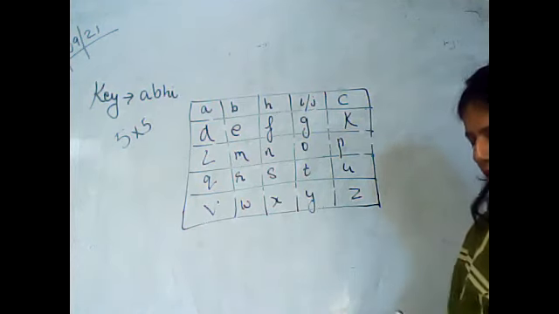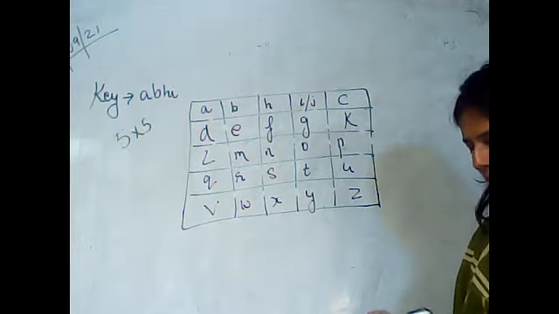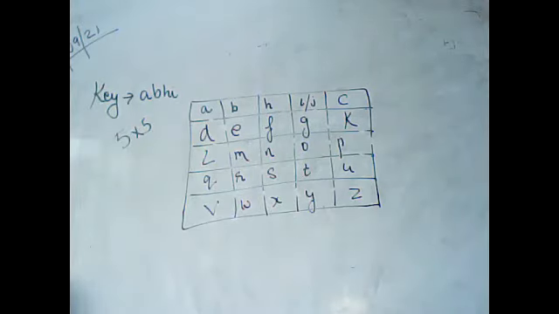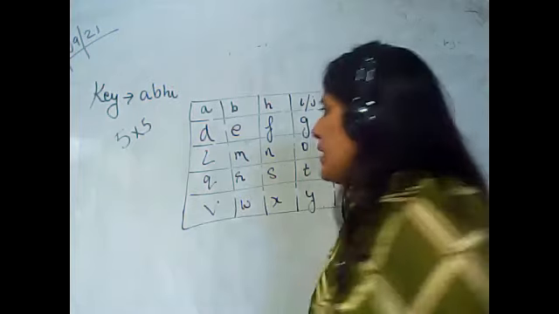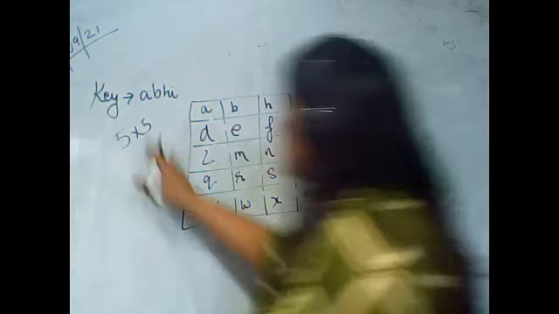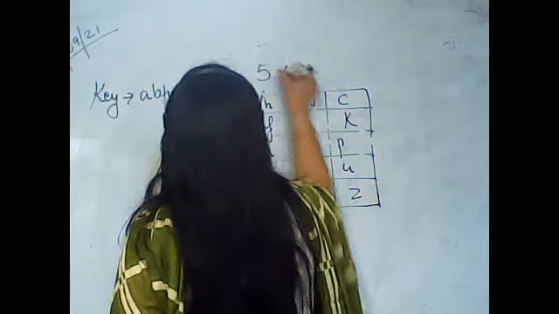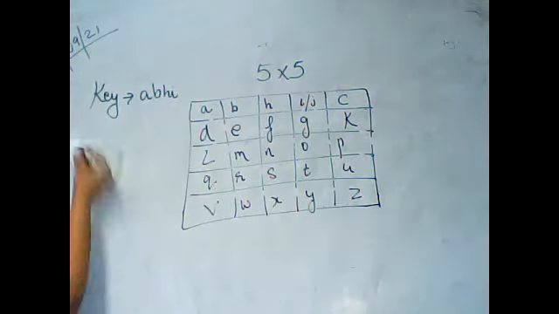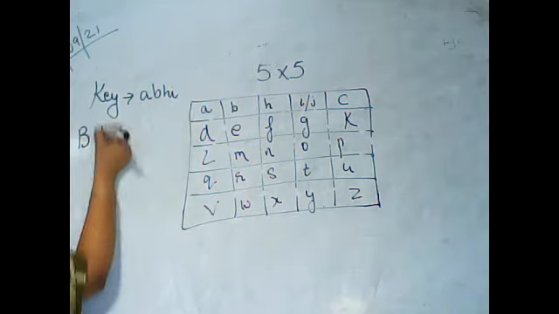Fine. Now I will take some plain text just to make you understand the rules to convert that plain text to the ciphertext. Let's suppose in my plain text, I will write here so that it is visible to you. So let's suppose my plain text is BM.